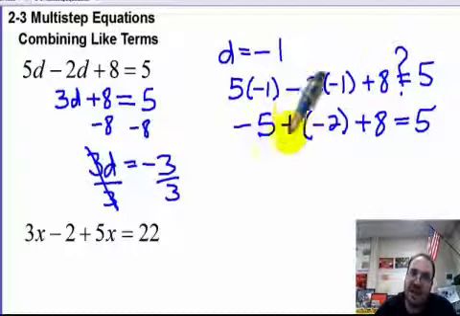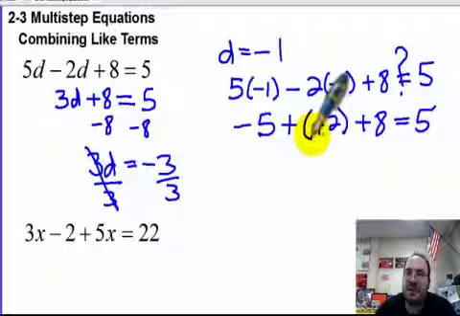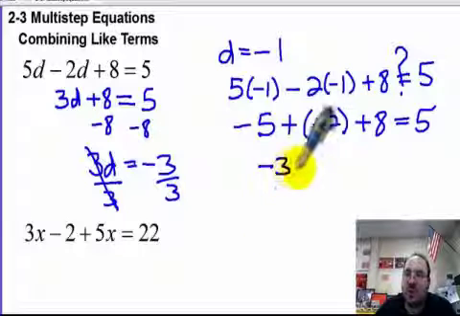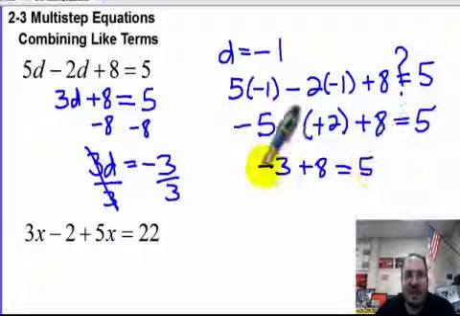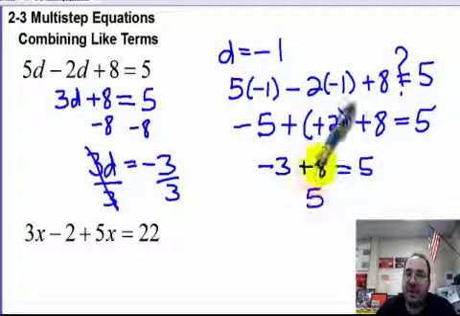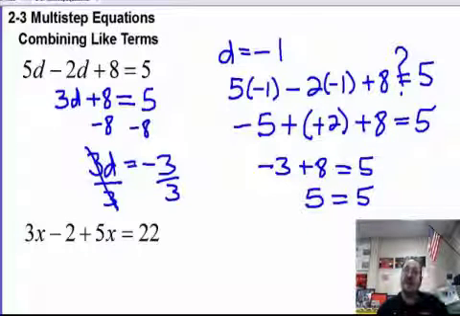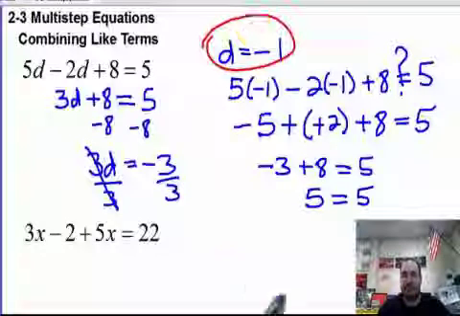So then the two negatives cancel. And I get negative 5 plus 2. I have different signs and I'm adding, so I find their difference. Keep the sign of the bigger one. And then plus 8 equals 5. Okay, different signs and I'm adding again, so I find their difference. Keep the sign of the bigger one. I get 5 equals 5. So that means D equals negative 1 was the correct answer.